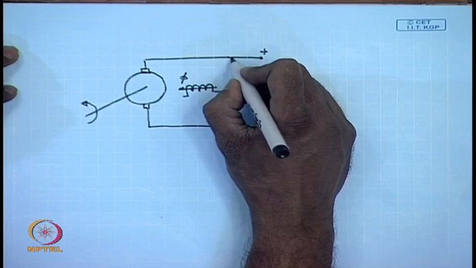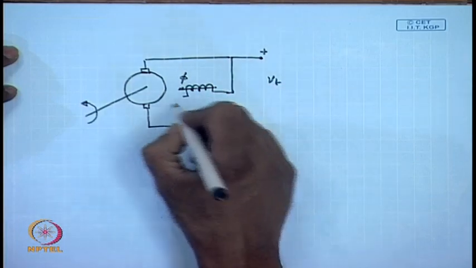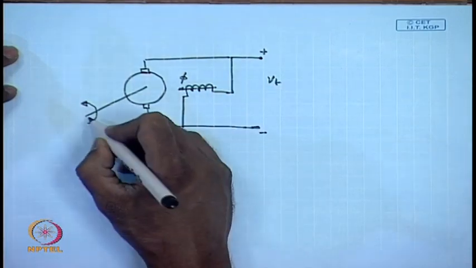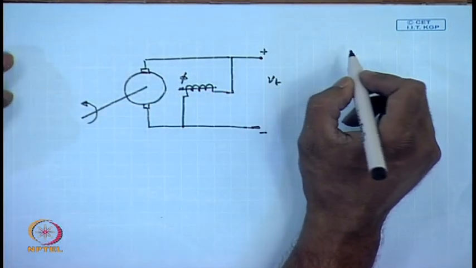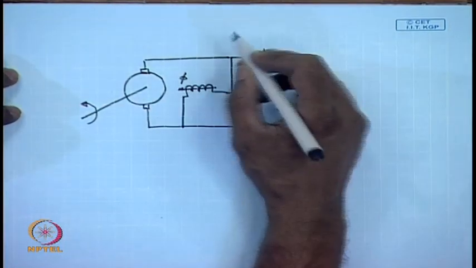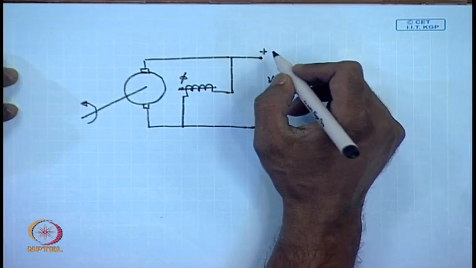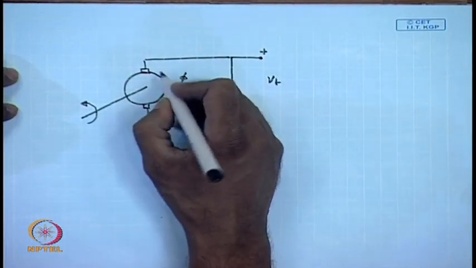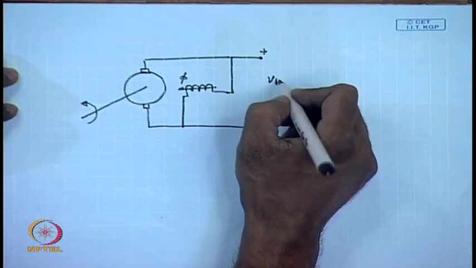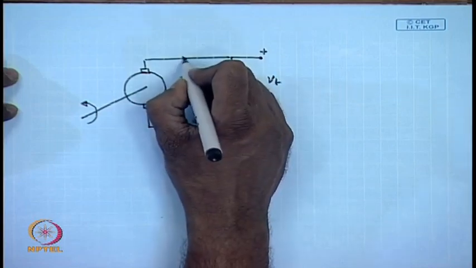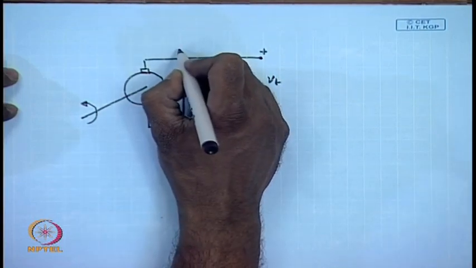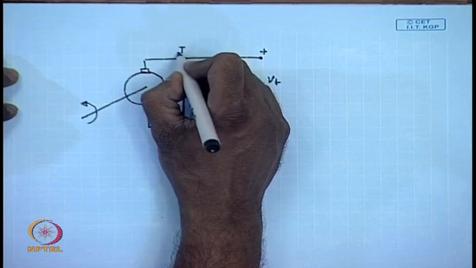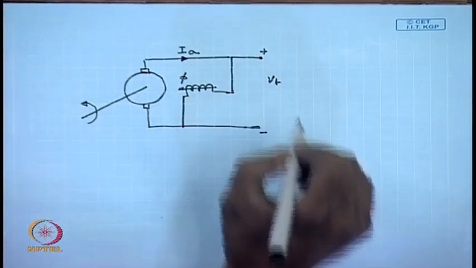Even then it will work as a generator, provided the prime mover can run the armature at a speed such that the generated voltage E is larger than the terminal voltage Vt. So, the armature current will flow in this direction.